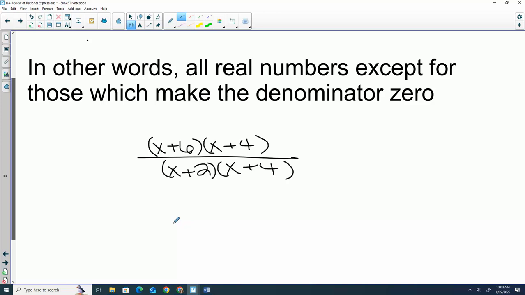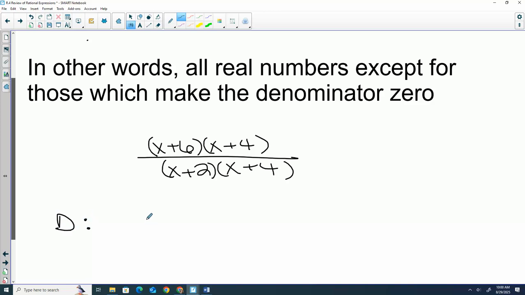If I am asking you to find the domain, the biggest problem that I usually see is people look at it and want to go ahead and cross out the x plus 4 because it shows up on top and bottom, and give me the domain of the final answer. What you have to remember, domain is based off the original problem. So when I'm asking for the domain of this, it's before I reduce it.